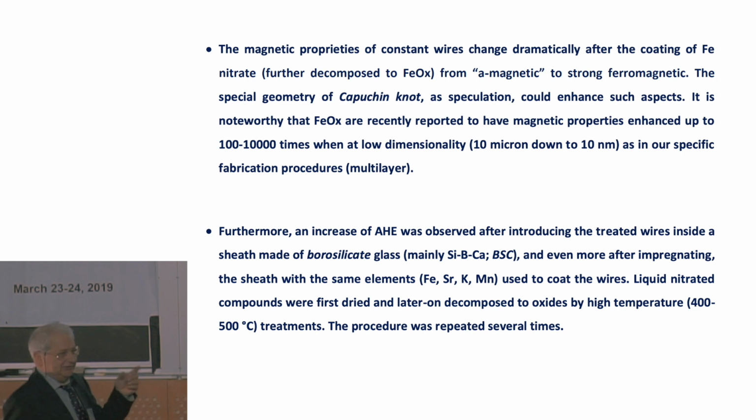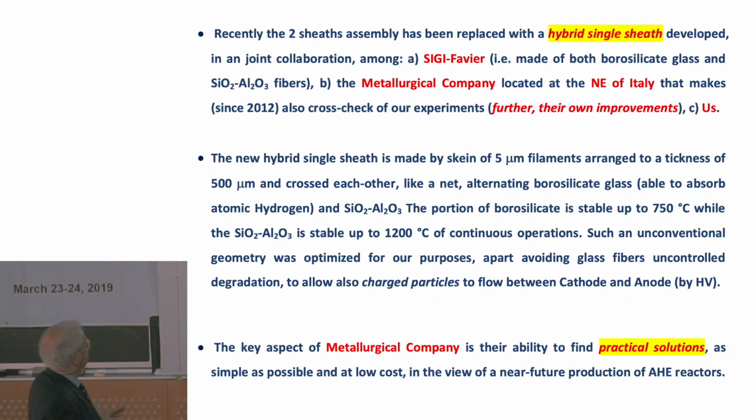The fiber has a diameter of about 5 microns. There are several thousand, so the surface is extremely large. So we have atomic hydrogen absorption both in the nanomaterial of the Constantan and in the fiber altogether.